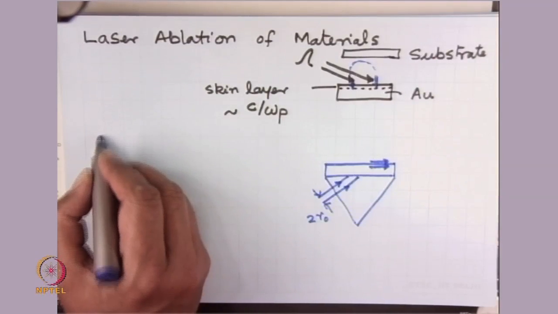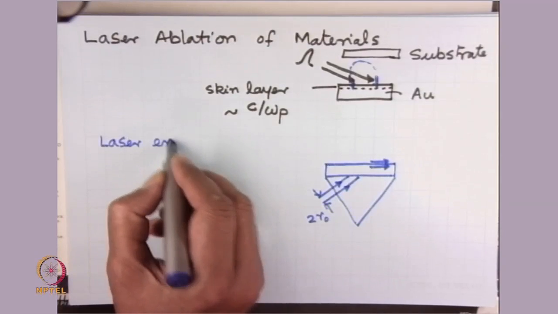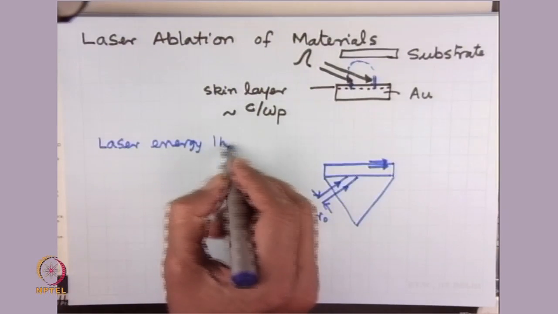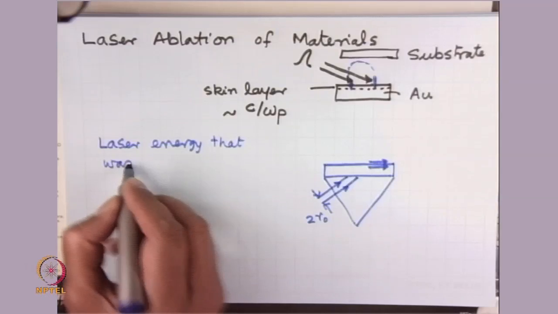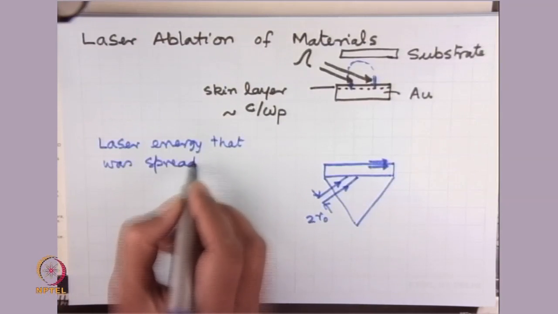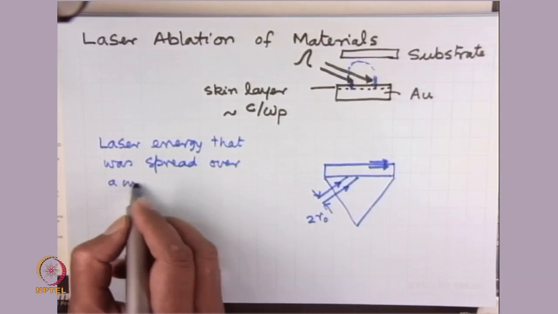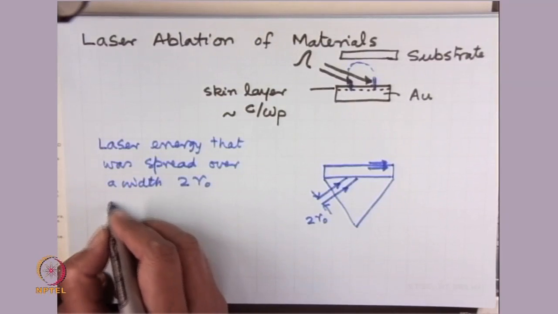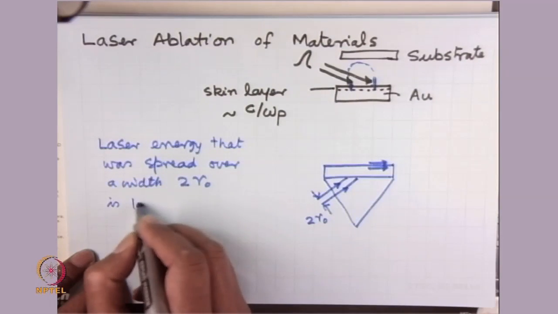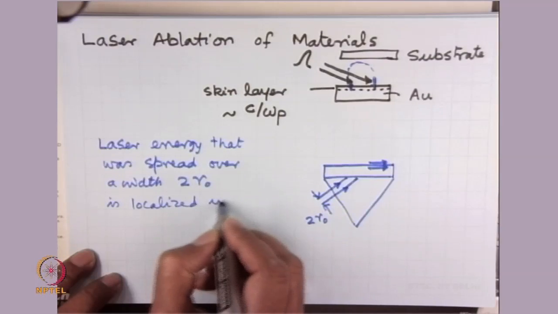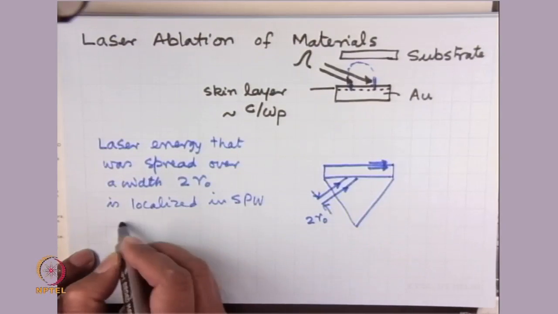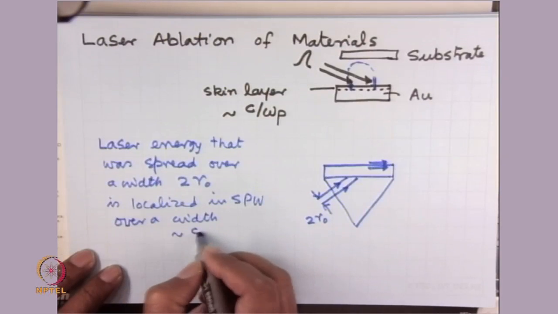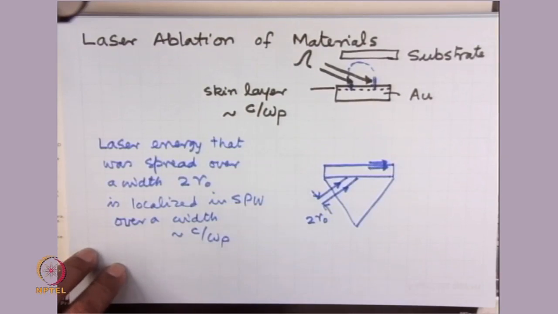So the laser energy that was spread over a width 2R0, means of the order of 100 micron or so, is localized in the SPW, surface plasma wave, over a width of the order of c by omega p, and that is the advantage.